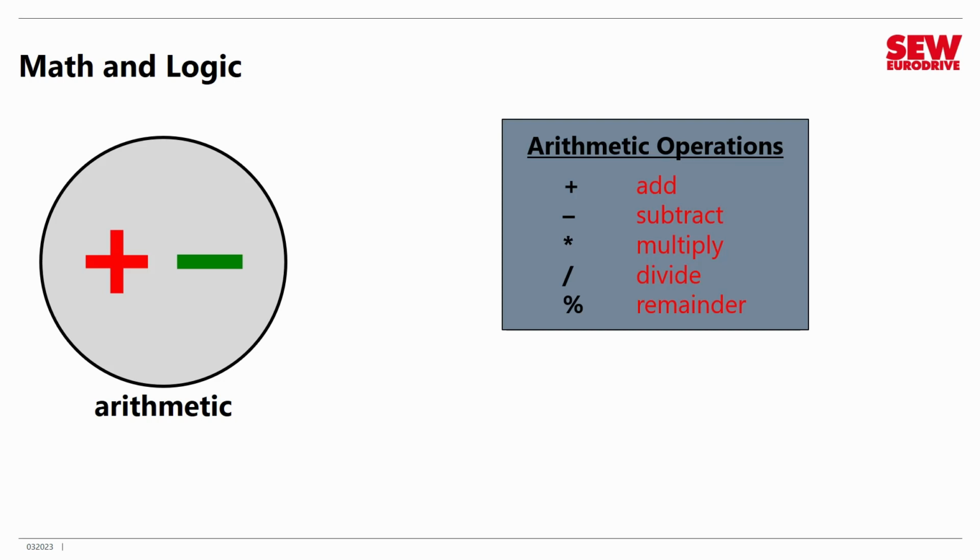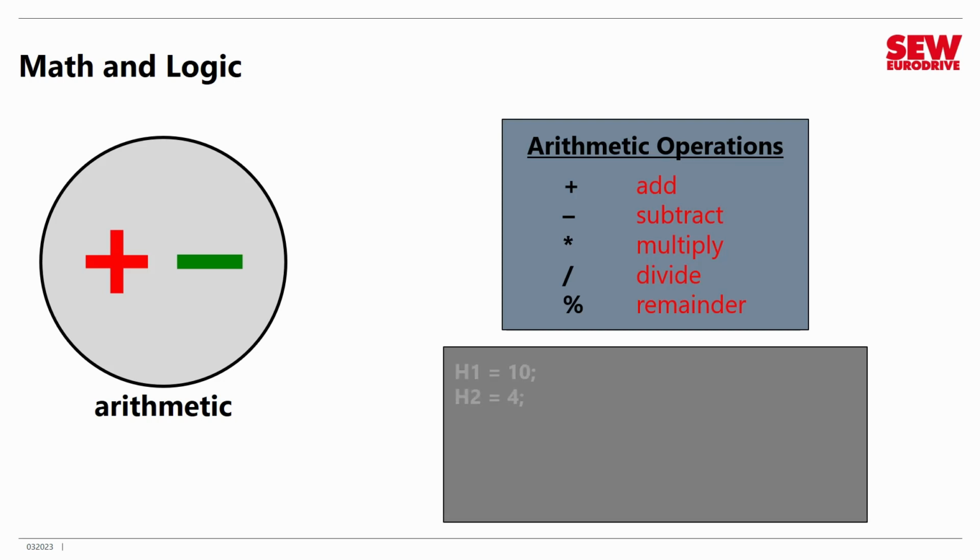Let me show you a few examples. If I take H1 and put a 10 in it, and H2 and put a 4 in it, I'll do some math with it and we can see what we get. If I say H3 is H1 plus H2, that's 10 plus 4. That gives us 14. No surprise there.